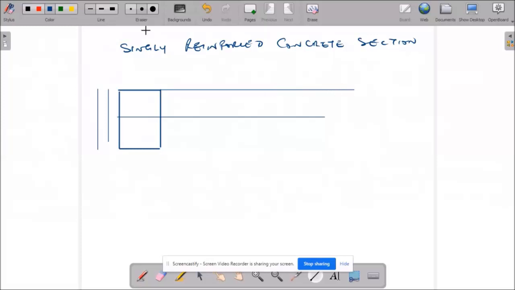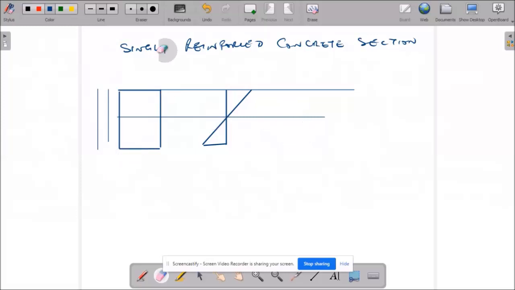We draw the stress diagram or the strain diagram first. So I have a strain diagram.